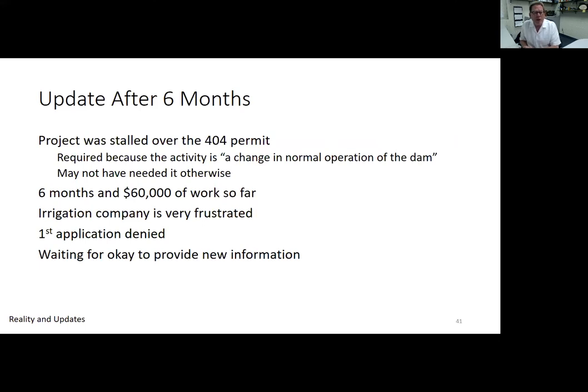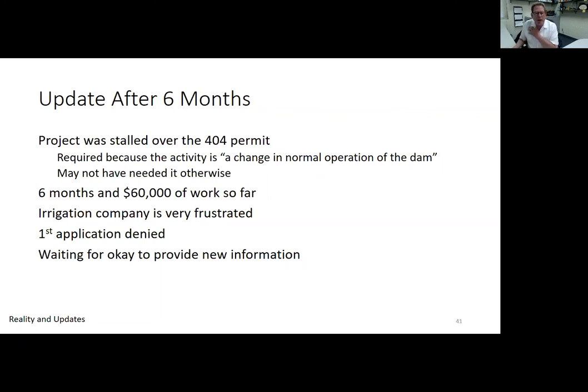So after the first 6 months, the 404 was stalled, and I'm sharing these slides to share the experience. The people that I was working with out of the Sacramento district are top-notch. They're very good, and we had a good working relationship. We were working through this together. So the irrigation company was a little frustrated at the time.